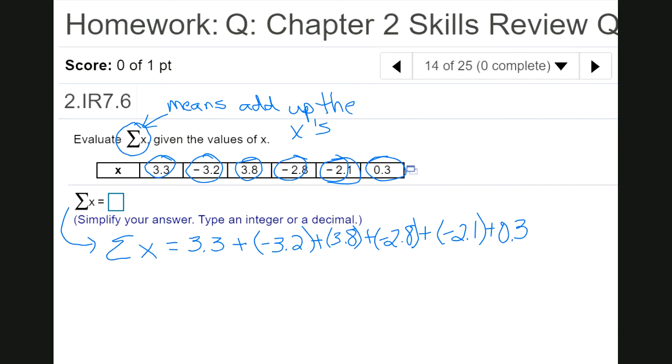So what we're going to do is this in your calculator. So everybody do this. Everybody try to add up those numbers, 1, 2, 3, 4, 5, 6.